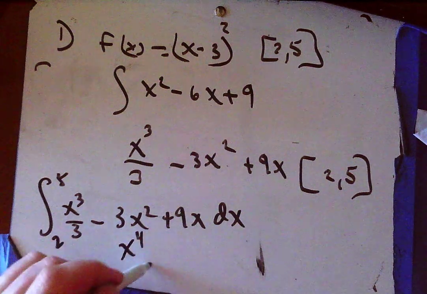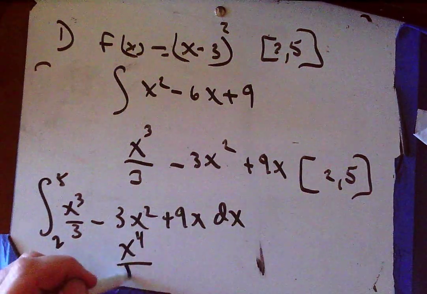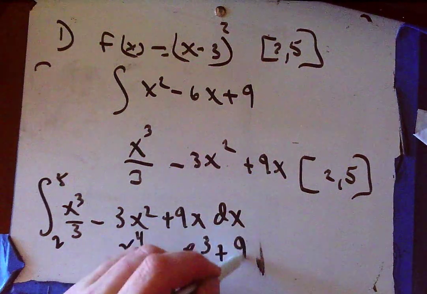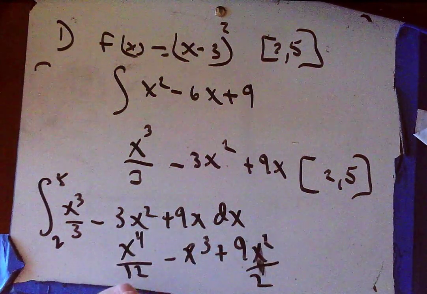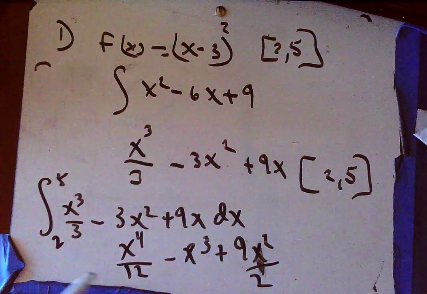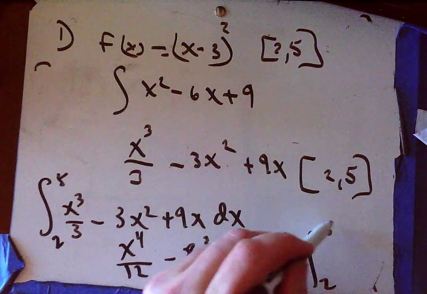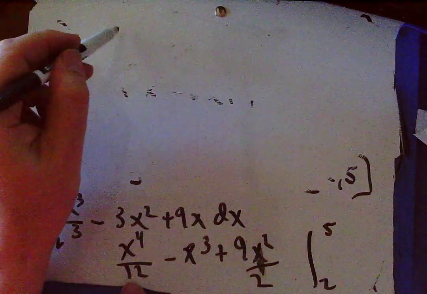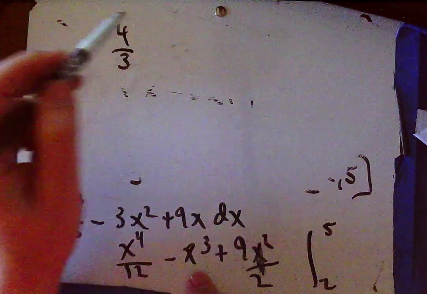The antiderivative would be x to the fourth over 12 minus x to the third plus 9x squared over 2. So here's my antiderivative that I want to evaluate from 2 to 5. 2 to the fourth is 16. 16 over 12 is 4 thirds.